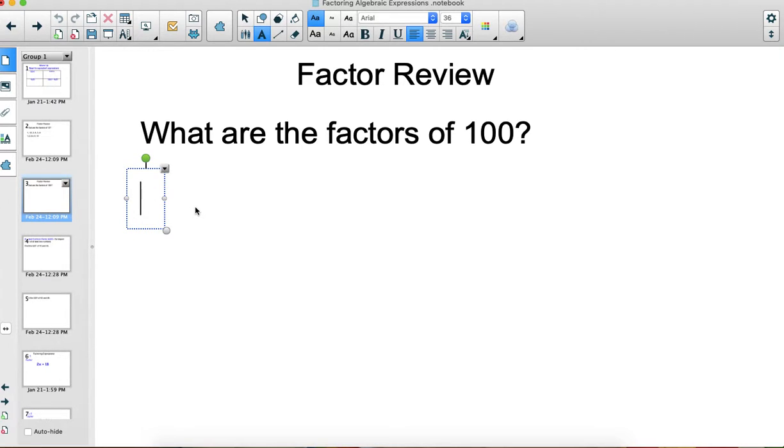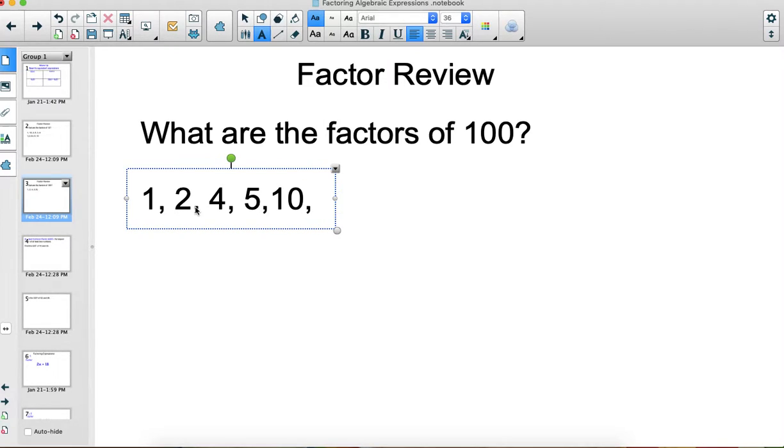All right, so the factors of 100 are going to be 1, 2, 2 times 50, 4 times 25, 5 times 20, 6, no, 7, no, 8, no, 9, no, 10 times 10, so that's a factor.